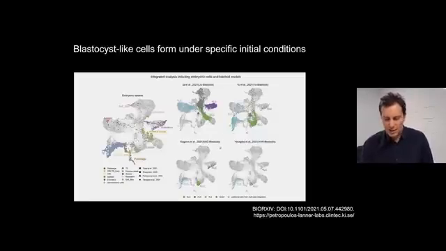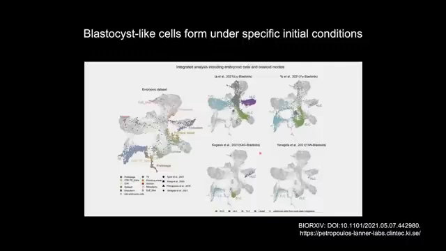And from this analysis, it appeared that forming blastoids with blastocyst-like cells requires that one starts with the right shade of human pluripotent stem cells, and we are proposing the PXGL state as a very good state.